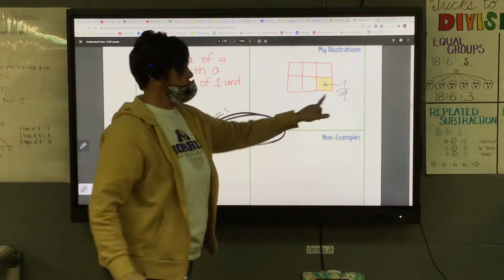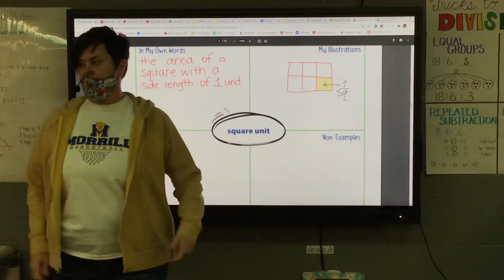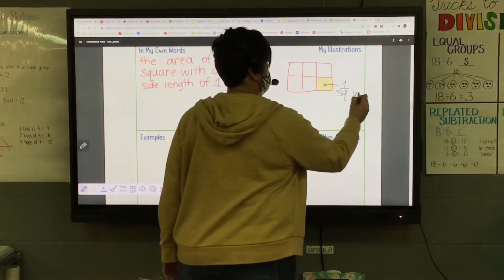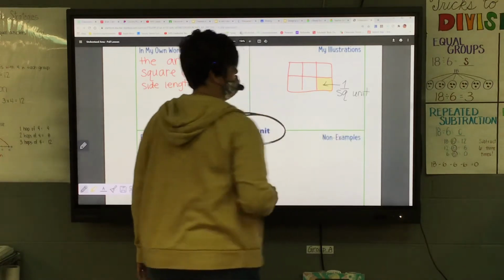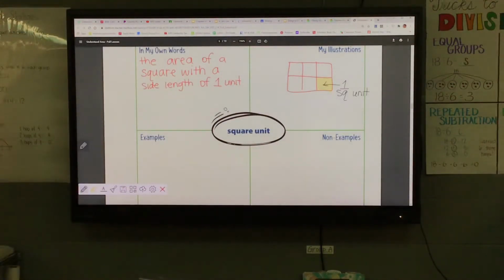So 1 sq. unit. Let's get in that habit. It's better than writing out the whole word. 1 square unit. Okay.